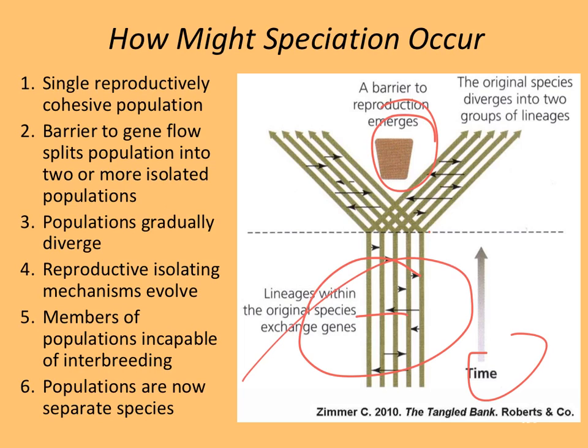So let's say a mountain range rises up, and obviously it happens over many, many years, millions of years, but suddenly the population is now split into 2 different populations, and there's no more gene flow. So that's a geographic barrier. But there can be other kinds of barriers. As long as reproduction is interrupted and there's no more gene flow, then speciation can actually happen.